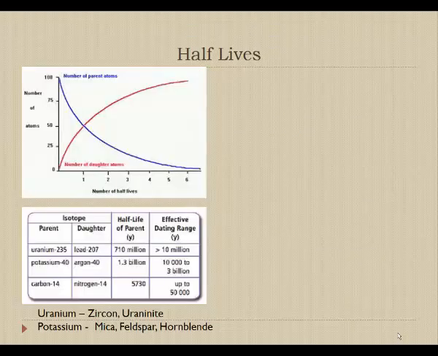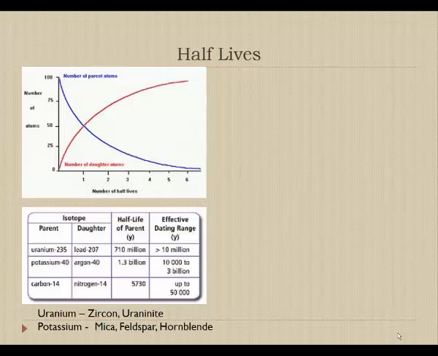Okay, so each particular radioactive element has a specific length of time that its half-life covers. For instance, carbon-14 has a fairly short half-life, about 5,730 years. That's how long it would take half of a large group of carbon-14 isotopes to be transformed.